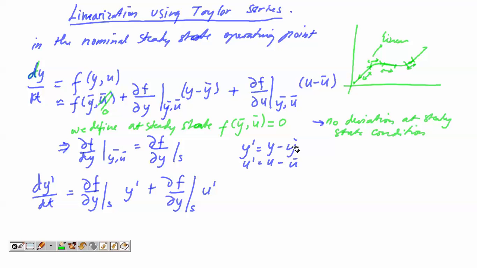Y prime is y minus y steady state, because actually this is y current minus y steady state here, but the value of this function is 0, so I didn't write it. But for the last, the Taylor series method to linearize the nonlinear differential equation can be simplified using this equation.